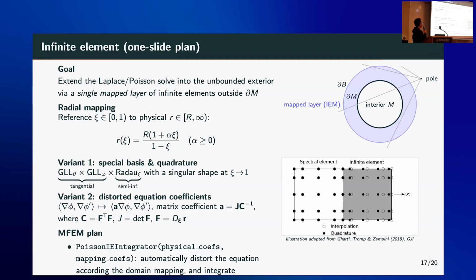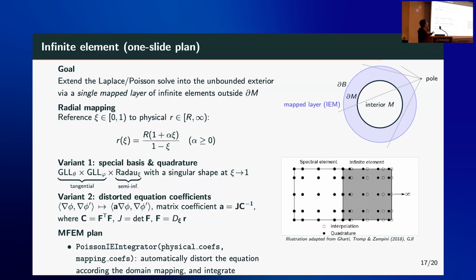But we think that for the MFEM application, we will prefer variant 2. So instead of putting the effect of the mapping into basis functions, it puts everything into a coefficient A. So this is a coefficient matrix. This is actually something familiar in finite strain solid mechanics. When you map from one configuration to another configuration, the coefficients of the equations will change.